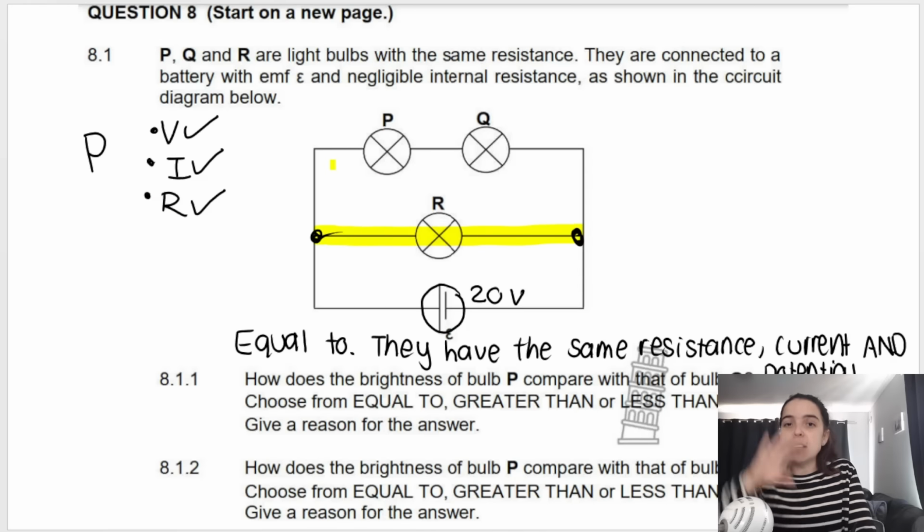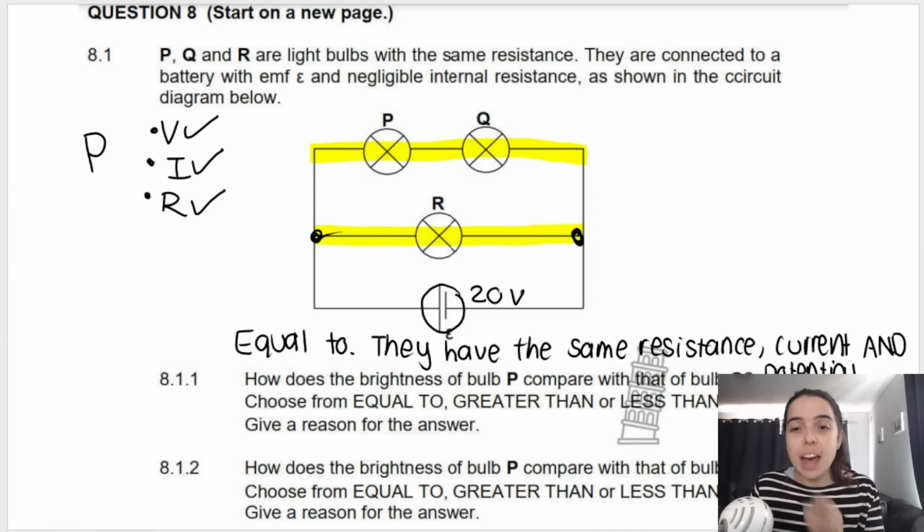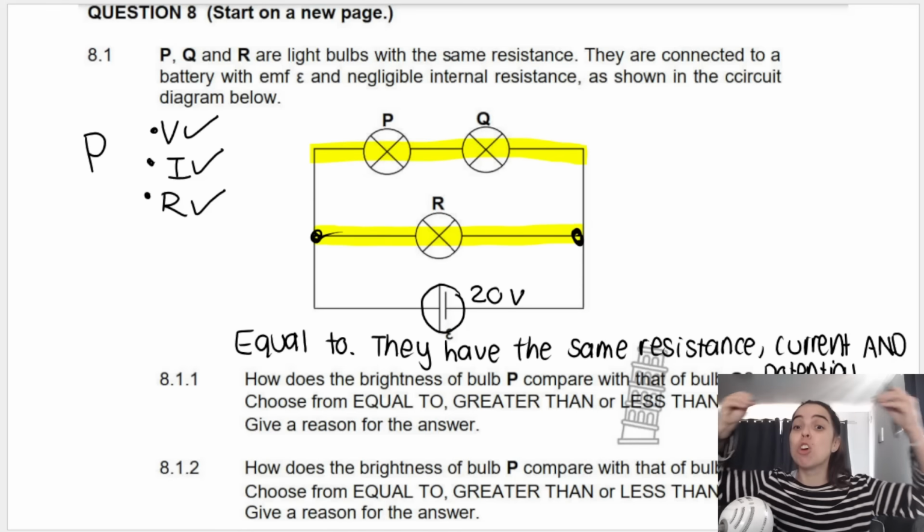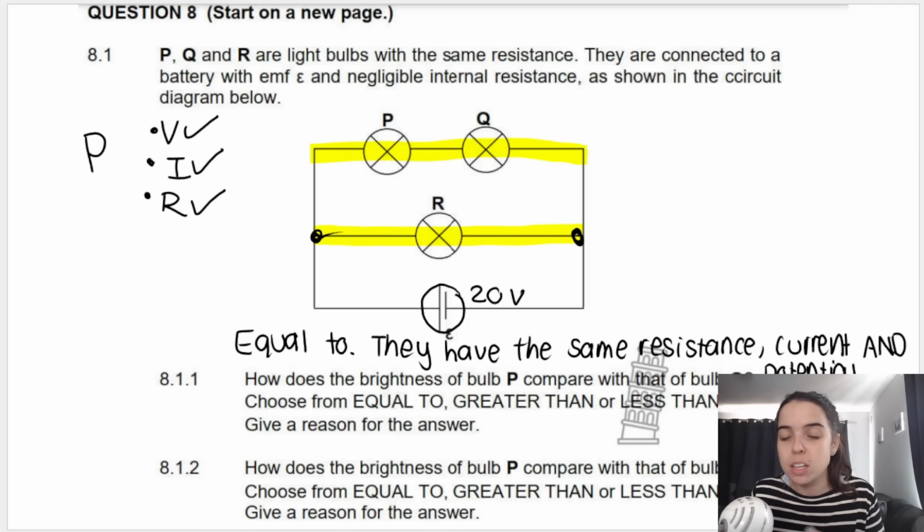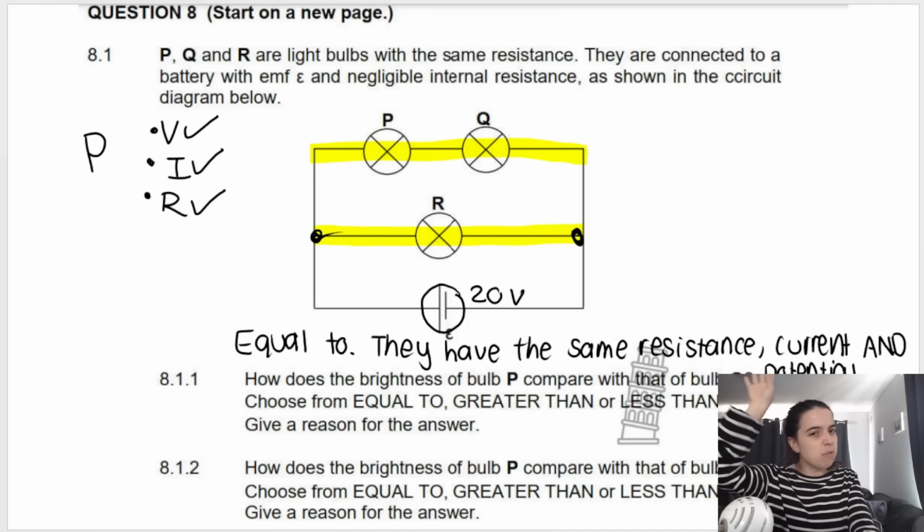What it also means is the top branch, which contains P and Q, that potential difference across that branch will be 20 volts, okay? It doesn't mean that P will have a potential difference of 20 volts and Q will have a potential difference of 20 volts. And a lot of students say, but ma'am, everything's connected in parallel. So isn't voltage just the same for everything in parallel?